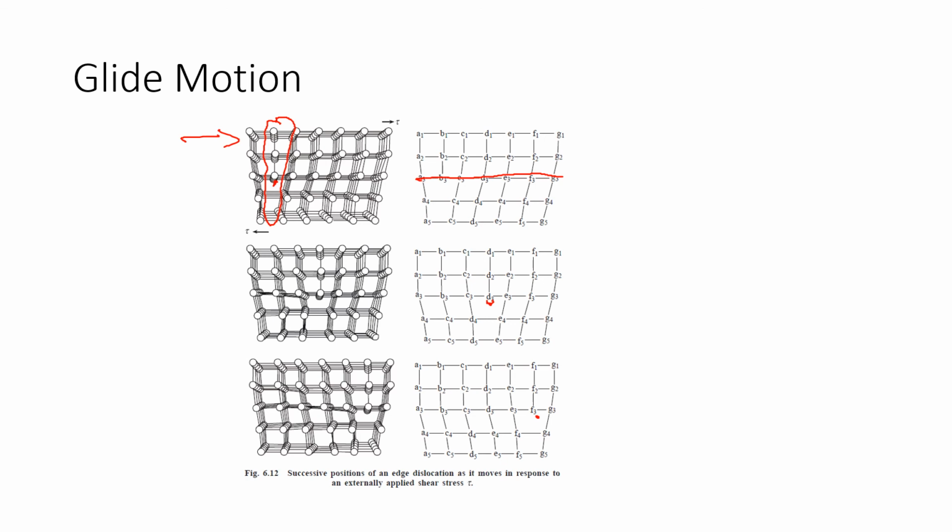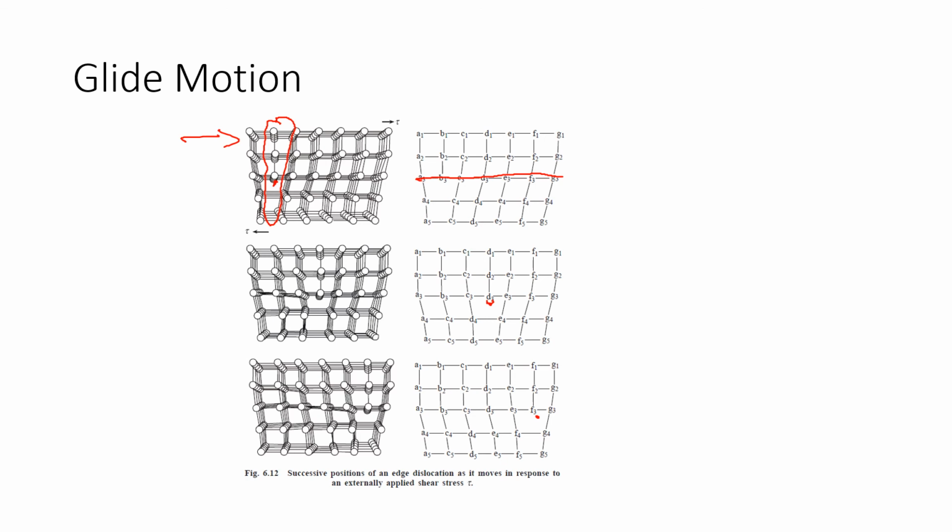And we know that there is only one plane that contains both the Burgers vector b and the direction vector t when they're not parallel. The glide plane is uniquely defined for a pure edge dislocation as well as for a mixed dislocation. Now, let us see another type of dislocation motion.